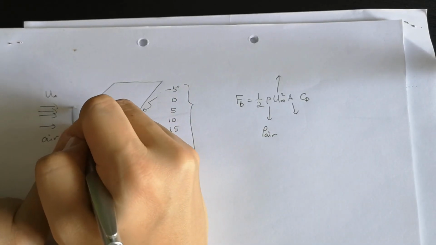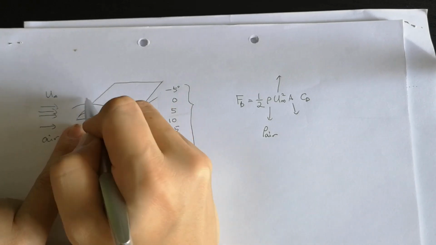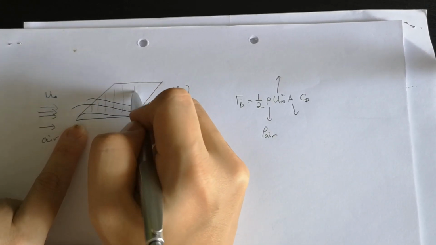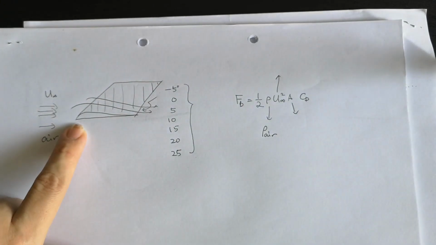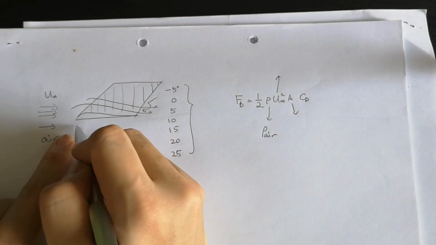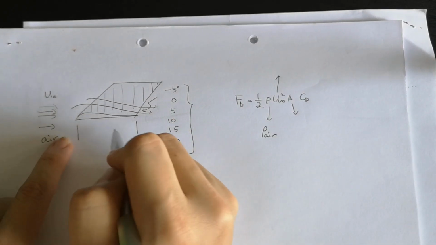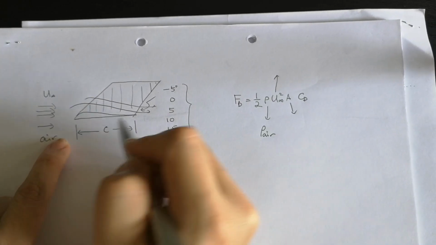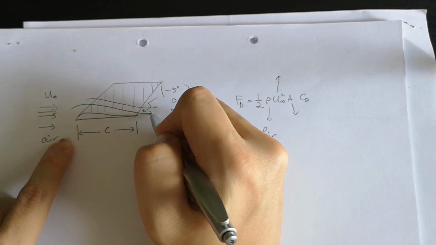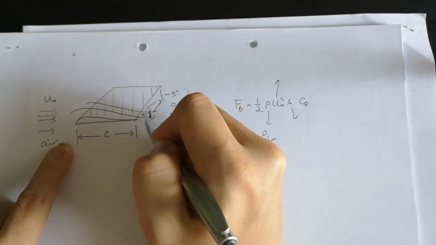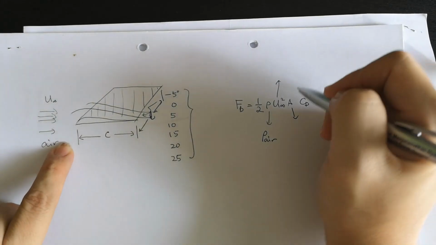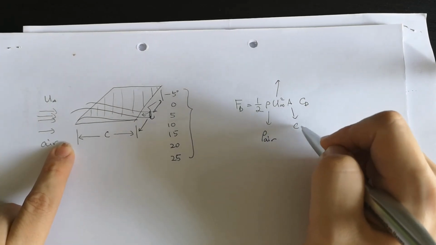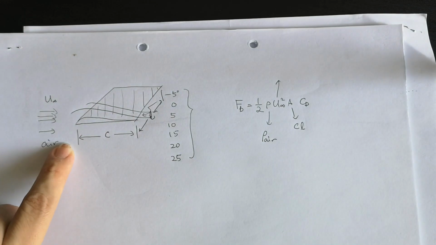When the flow passes through the object, the dominant drag force only occurs on the shear surface, or the shear area here. In other words, the area is simply given by the chord length of the aerofoil multiplied by the span width L. So the area for our case will be the chord length multiplied by the span width.